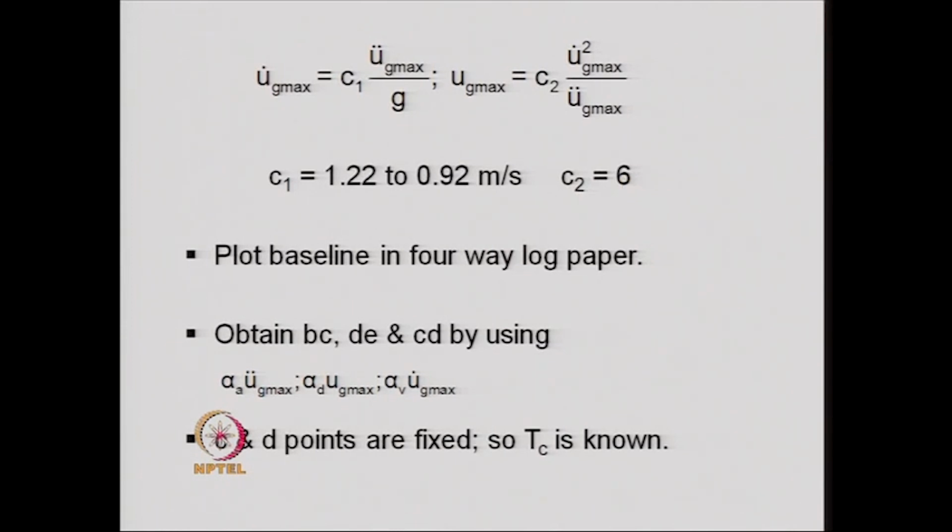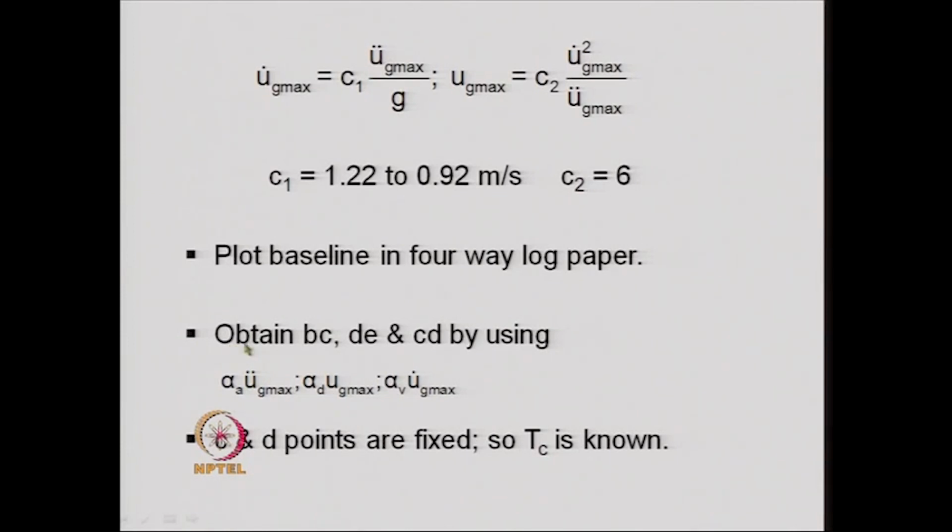So once we have the specified value of the maximum ground acceleration, and from that we have obtained the maximum ground displacement and maximum ground velocity, then in a tripartite plot we can have a baseline plot on the 4-way log paper. That baseline plot will simply show the peak ground acceleration, peak ground velocity and peak ground displacement.